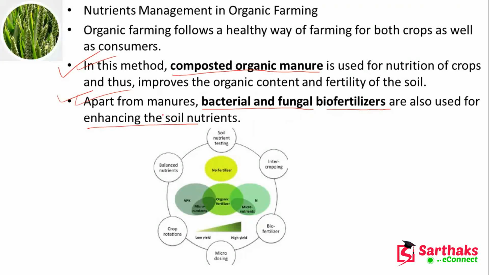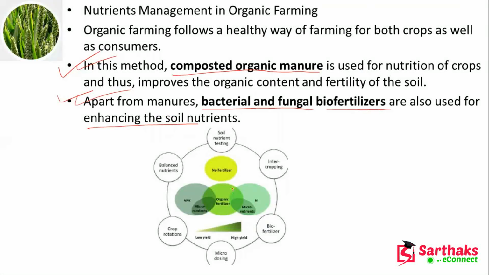So first, the composted organic manure increases the nutrition of the crops and improves the organic content and fertility of the soil. And the second thing is that we use bacterial or fungal biofertilizers just to enhance the soil nutrients.